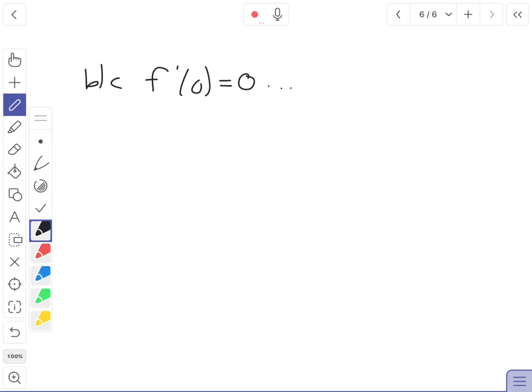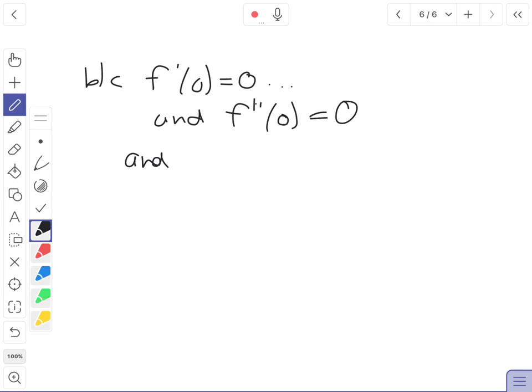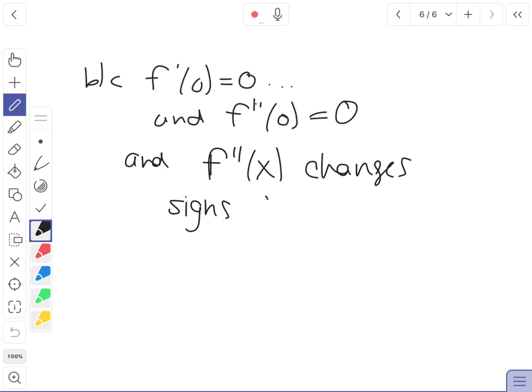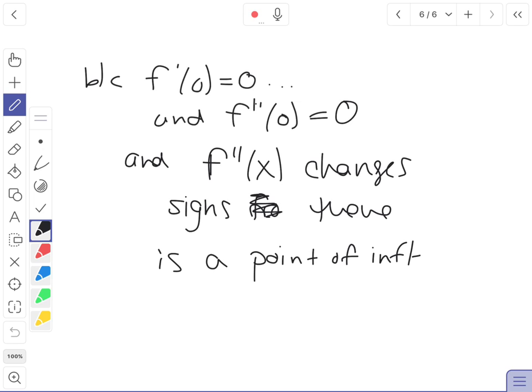We identified that as our critical point. And the second derivative at 0 was also equal to 0, which is kind of giving us permission that that might be the point of inflection. And then that third rule, f double prime, so the second derivative, changes signs there, there must be a point of inflection at x equals 0.